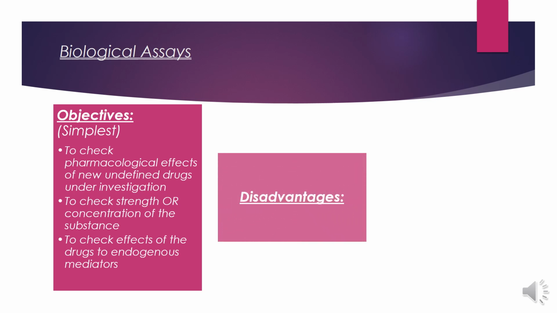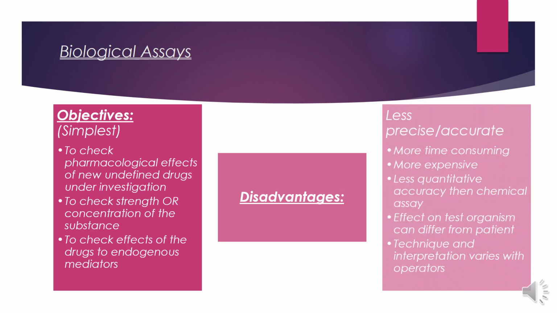So disadvantages. There are a lot of disadvantages when you are using bioassays or biological assays. Why? Because it's a less precise or accurate method as compared to the physical, chemical or instrumental methods. So you have to be very careful.